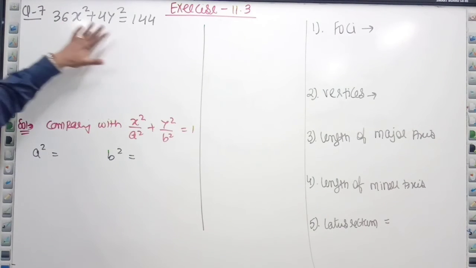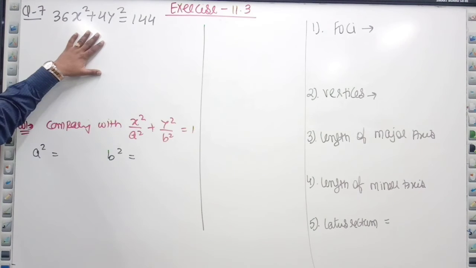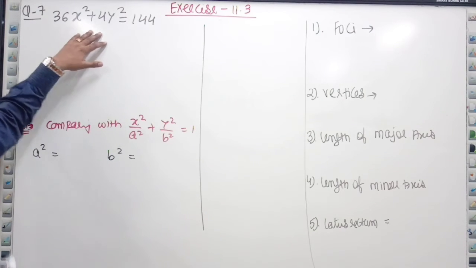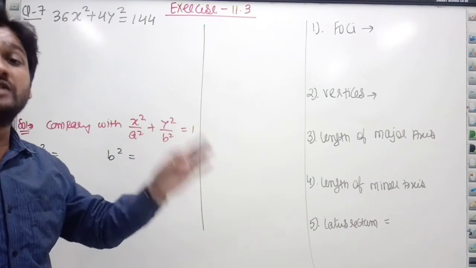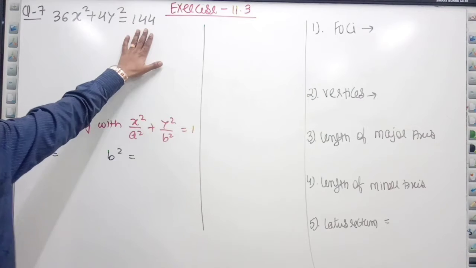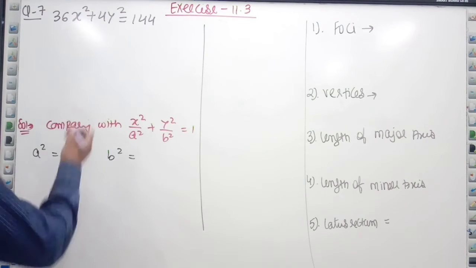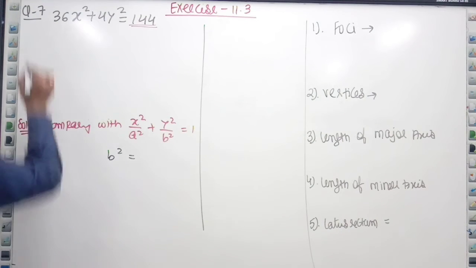We have 36x square plus 4y square equal to 144. As you can see, this is not in the standard form, because we have the standard form x square upon a square plus y square upon b square equal to 1. 1 is not on the right hand side. So the first thing that we are going to do, we will divide the value that is on the right hand side, both sides.